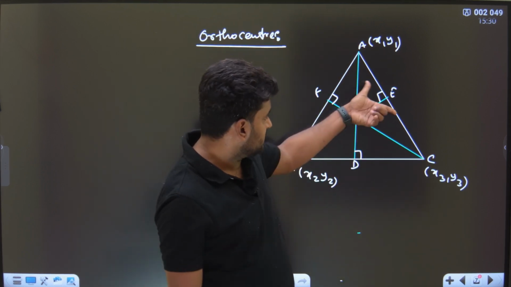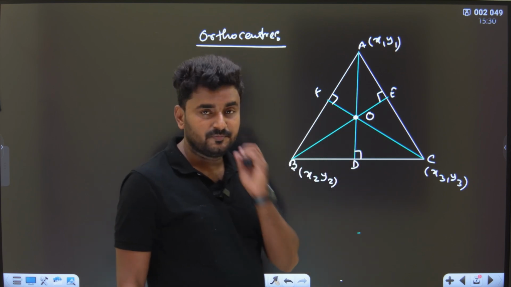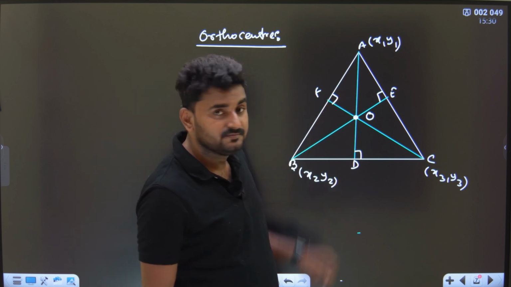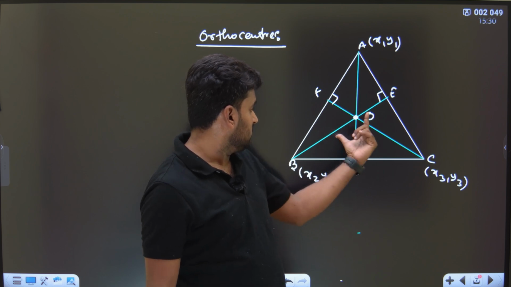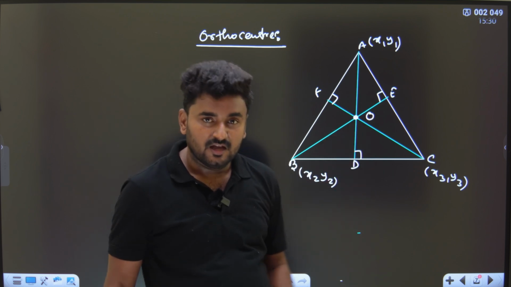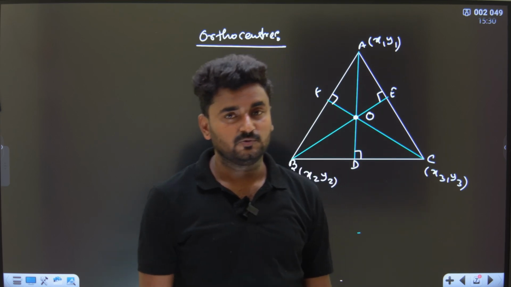Like that you find the slope of AC and its perpendicular slope, and then you can find the equation of AD and the equation of BE also, and solve these two equations and you can very easily get the orthocenter.